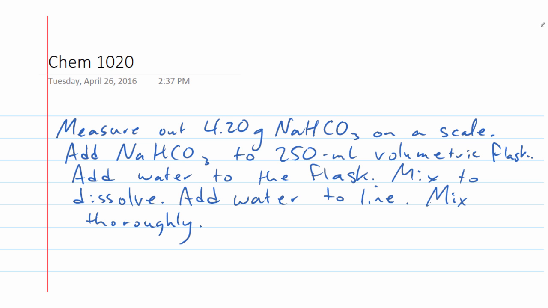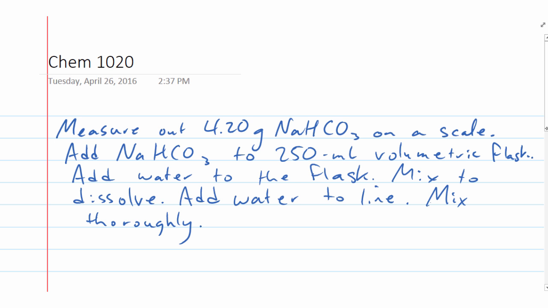And so we do the same thing here. We add the water and the solute together. We get that solute all to dissolve. So we then, in effect, filled up all of those empty spaces. And then we can bring the water up to that line and get it mixed thoroughly. And that's how we make that solution.